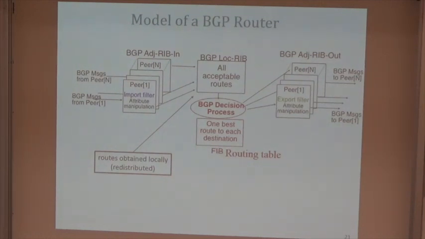What's the benefit of keeping things even if they are not the best ones? Yes? If there is a change of route or if something breaks, exactly. So if a router here has 3 routes to a given destination, and it keeps one of the 3, but later the one that it had kept disappears because, for example, this link is down, then this will be detected. There is, of course, a hello protocol between BGP routers.